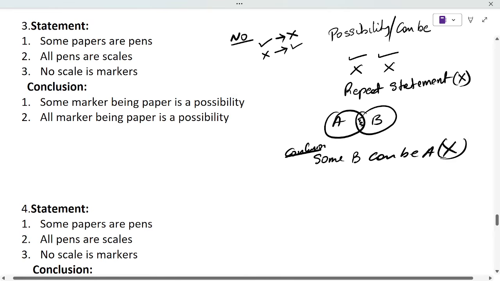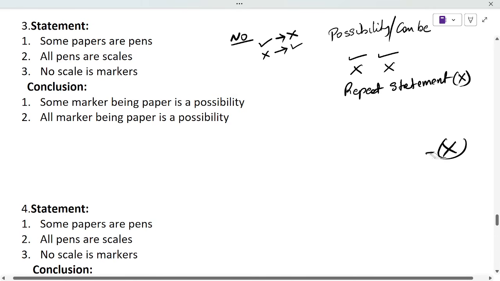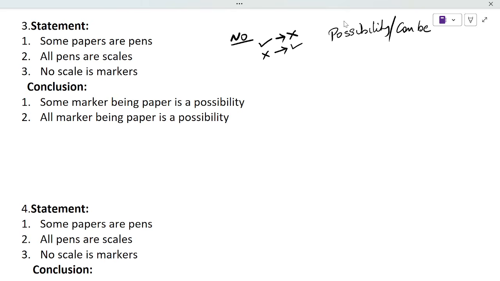Alright, so I hope it's clear. Let's try this statement. Question number 3. Check the conclusion result. Here we have some paper are pen, so some part of paper belongs to pen.